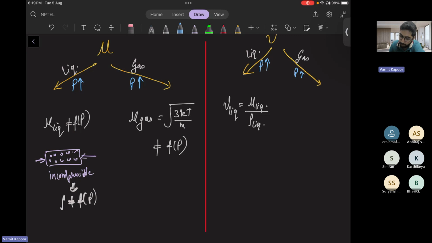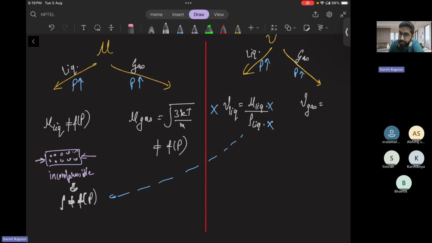We have seen that there is no effect on the density as well as on the dynamic viscosity, so there is no change in the kinematic viscosity of the liquid. Whereas nu of gas is again mu of gas by rho of gas. We have seen that mu of gas is independent of pressure. When you increase or decrease the pressure, the dynamic viscosity of the gas doesn't vary. So there is no change here, but there will be a change in the kinematic viscosity.